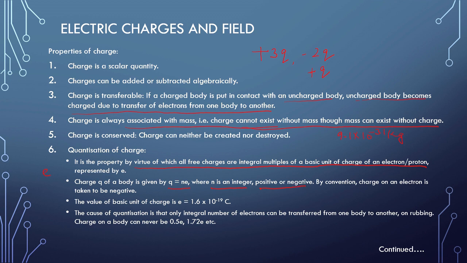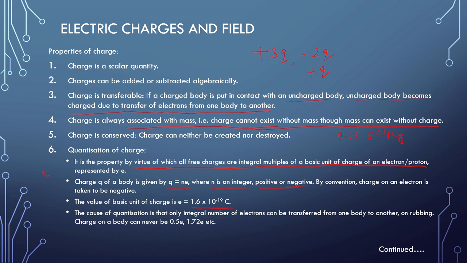By convention, charge on an electron is taken to be negative. And what is the basic unit of charge? It is 1.6 into 10 to the power of minus 19 coulomb. This is the basic unit of charge.